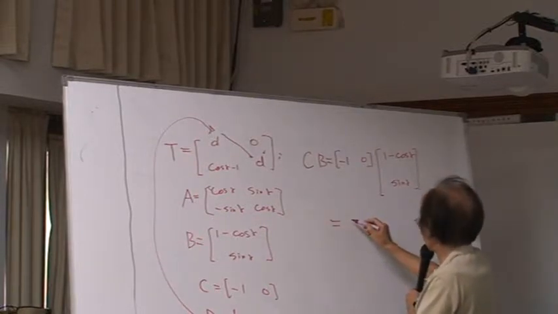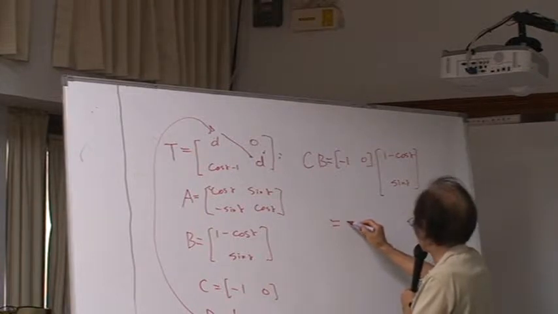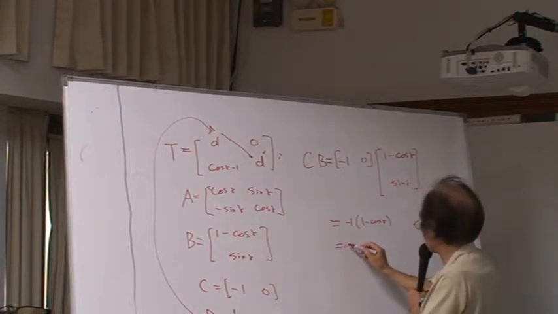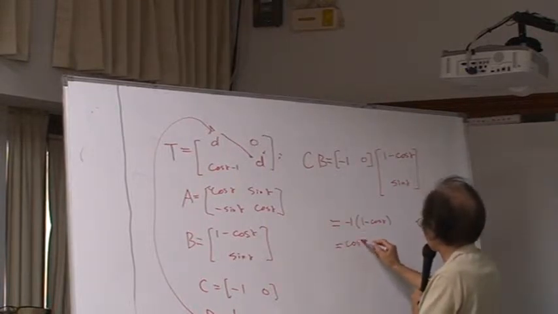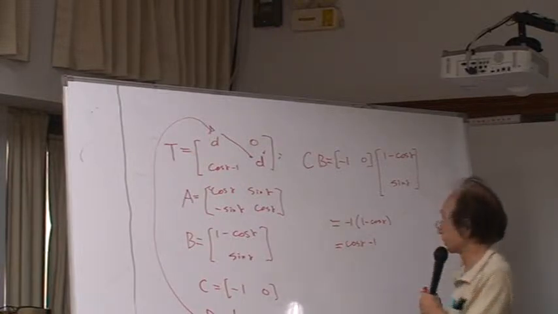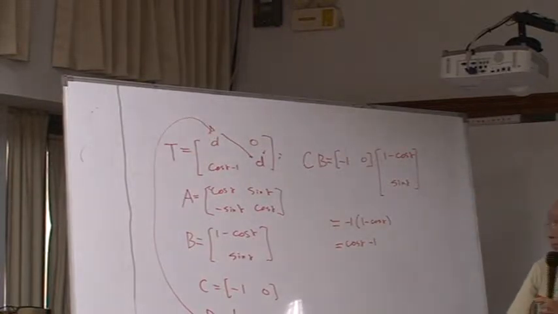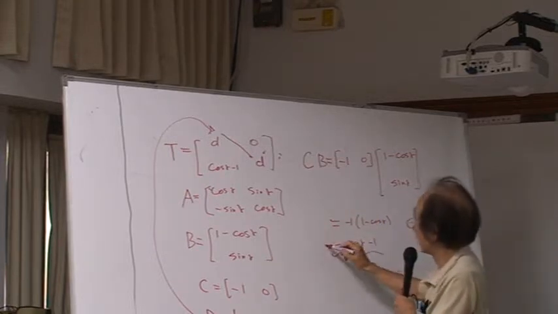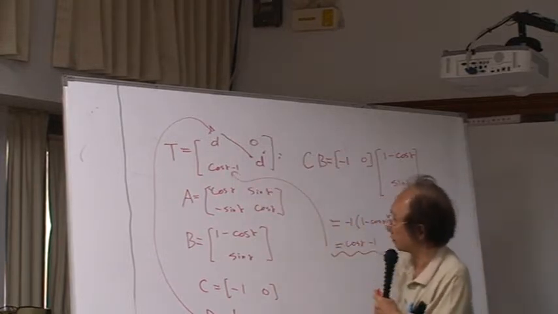That equal to minus 1 times 1 minus cosine gamma, that equal to cosine gamma minus 1. Right? And that is exactly that term.